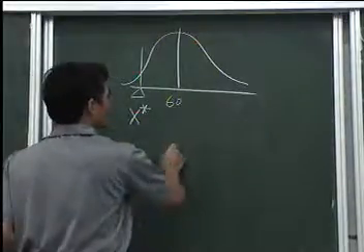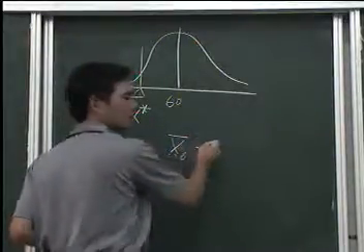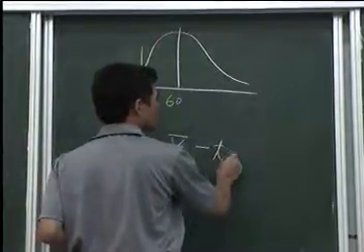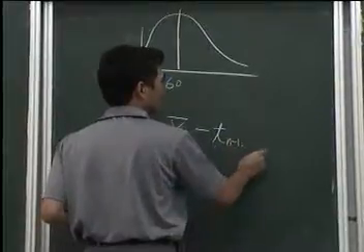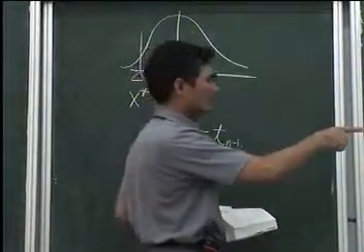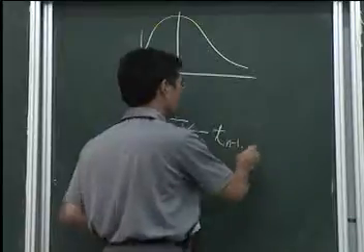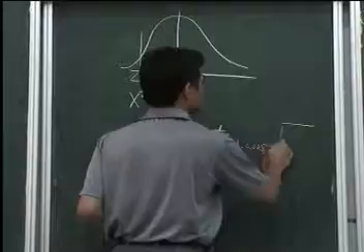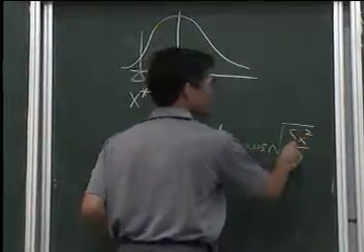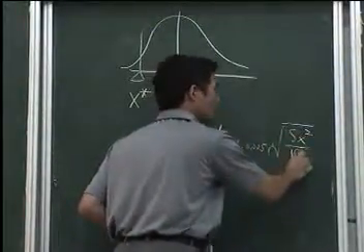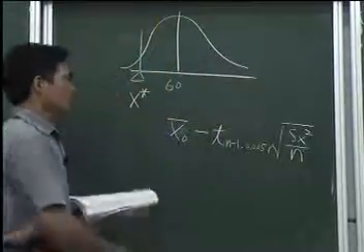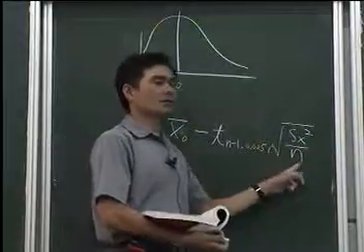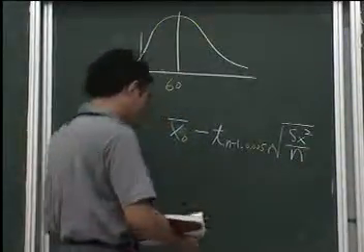It should be X bar naught minus, in this case, it's minus, T with degrees of freedom n minus 1, and the significance level is 0.01, so it should be 0.005, times Sx squared divided by n. The degrees of freedom is n minus 1, but this number is n.